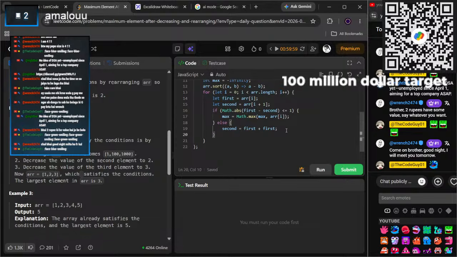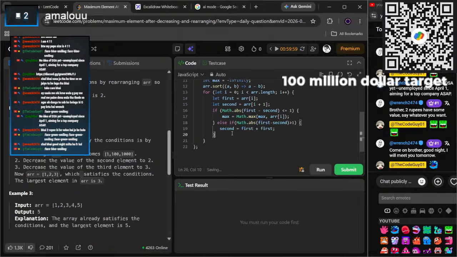If my, else safe. If it is greater than one, then what I have to do is take my second value and I'm going to.